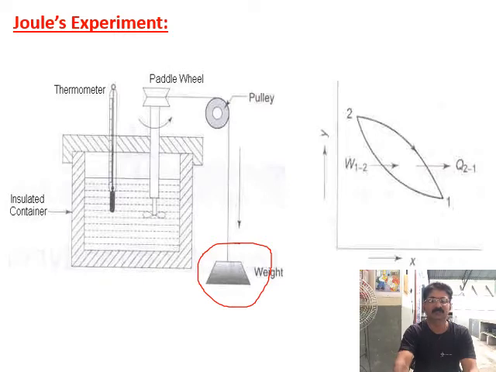Now after transferring a known quantity of work onto the system, he found there is an increase in temperature of the substance. Then he transferred this liquid to some other container and brought it in contact with a water bath. He allowed the heat to transfer from the system, that is the liquid in the container, to the water bath till it attains its original temperature.